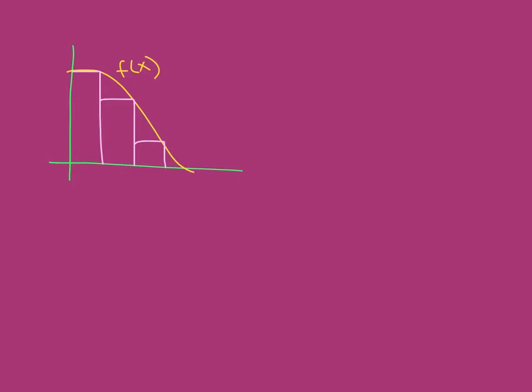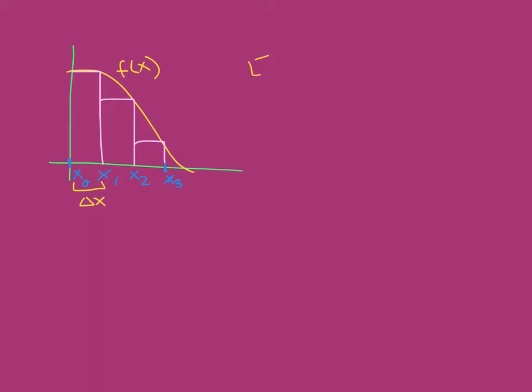These three rectangles would give me an estimate of the area from 0 to this point right here. I'm going to call this x0, this one x1, x2, and x3. The other thing that we had was that this partition width was called delta x.